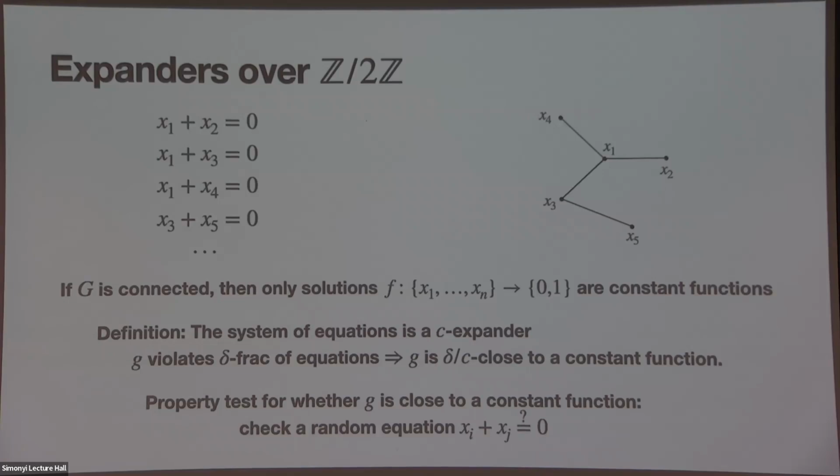What I can do is take an expander, a system of linear equations expander over n variables, and sample a random linear constraint, xi plus xj equal to 0, and check whether g evaluated at xi is equal to g evaluated at xj. If this test passes with high probability, then I should be able to deduce that this assignment g is also close to being a constant function. So that's how the test is designed for this question about whether g is close to a constant function.